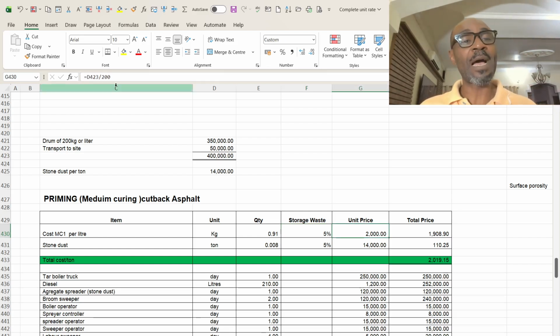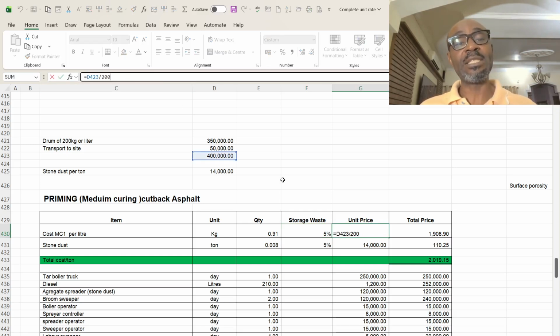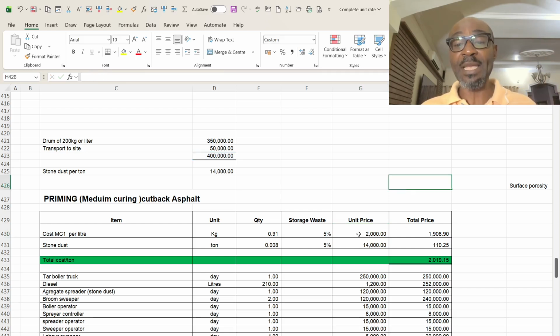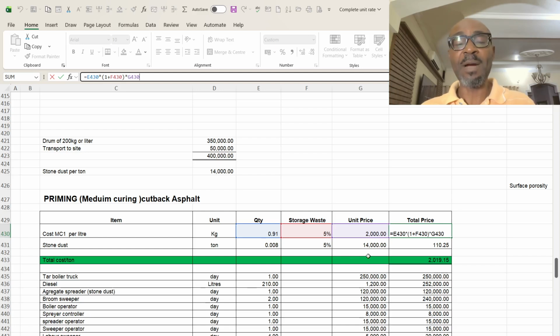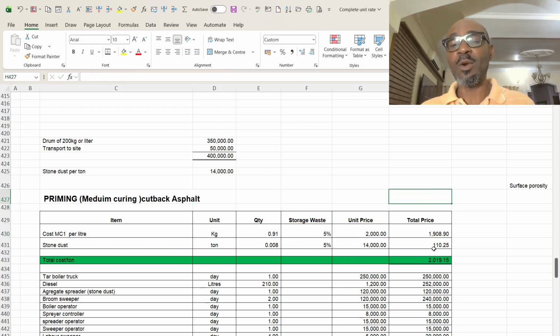The cost per kg, I divided my 400,000 by 200 kg, and it gave me 2,000 per kg. So considering the 5% waste, I got 1,908 naira 90 kobo.